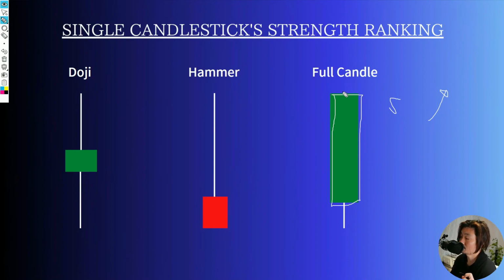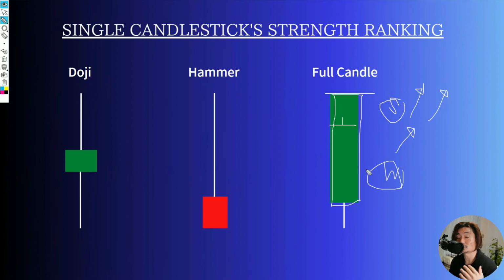And then moreover, a strong full candle would have a close and a high at the same level. That will create strong long strength. Okay, but what would make this weaker is, first of all, if the body was smaller relative to prior candles, or moreover, if there's a wick on the top. That will decrease the future long strength also, making it possibly into a weak full candle.